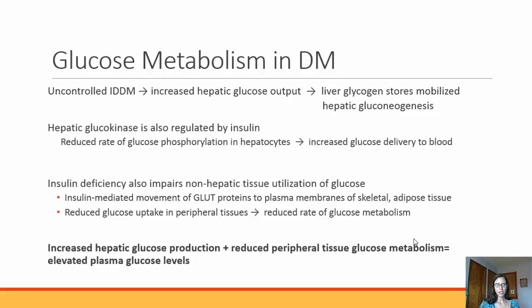And what does the phosphorylation do? Remember, when getting from glucose to glucose 6-phosphate, phosphorylating that glucose first makes it active and also traps it in the cell. So if we don't have appropriate insulin levels and we can't phosphorylate the glucose with glucokinase, then we're going to have increased glucose going into the blood because it can't be trapped in that cell.